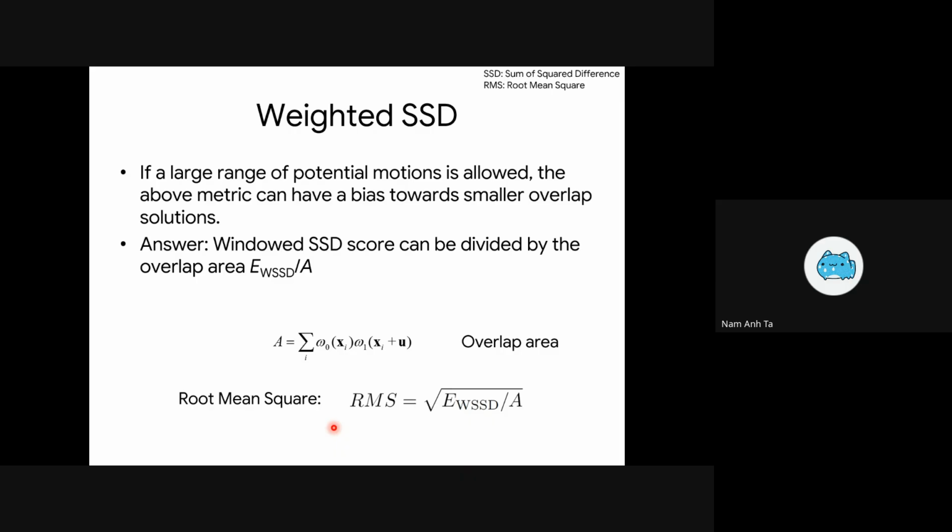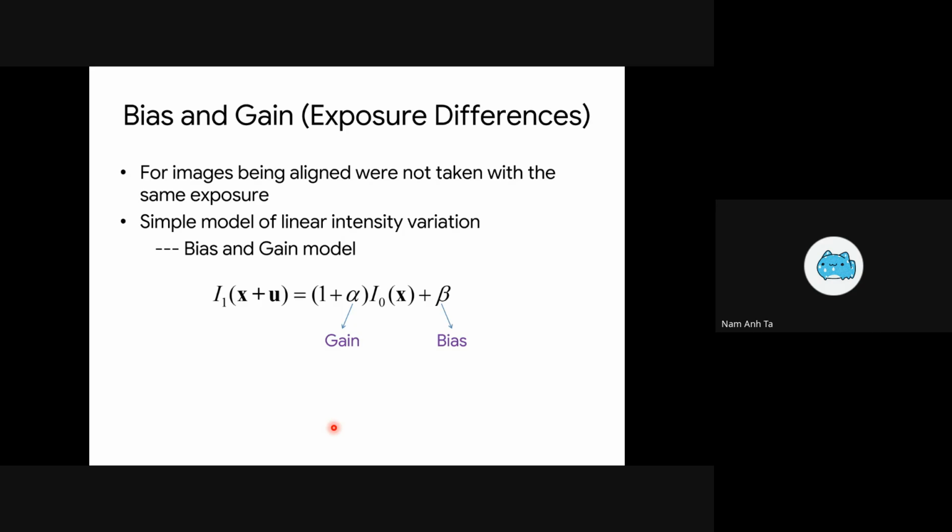This will ensure a fair comparison regardless of how much the images overlap. And this is especially important when we use image pyramids or multi-resolution matching.